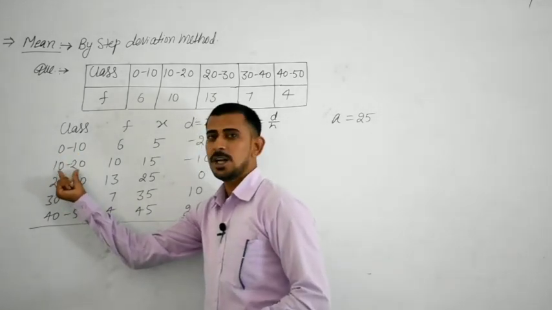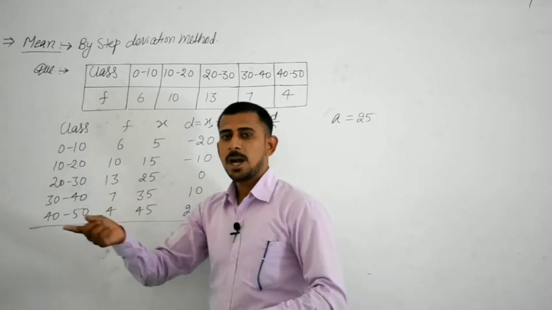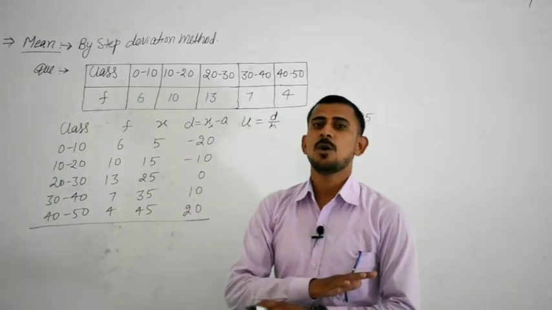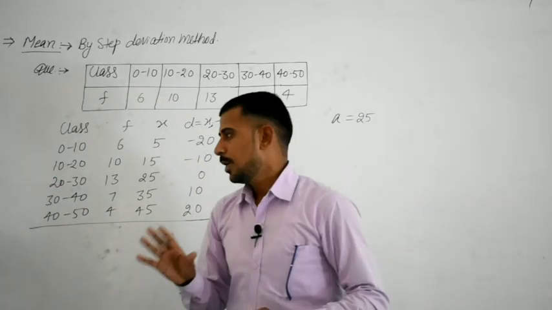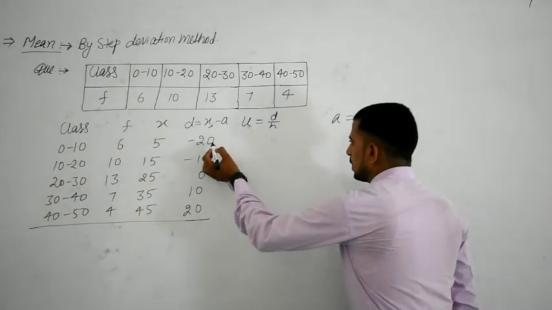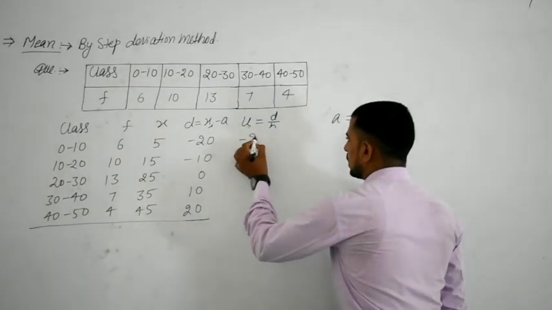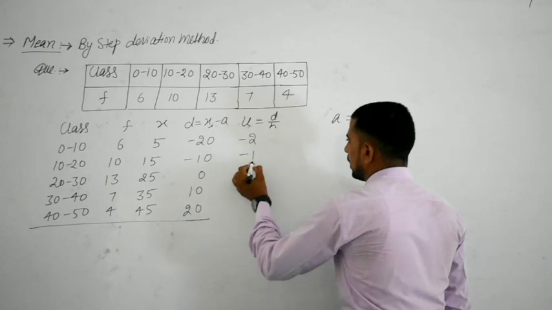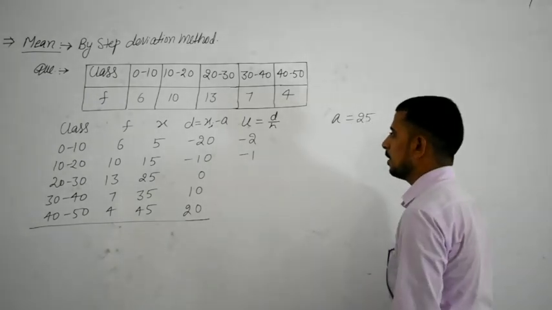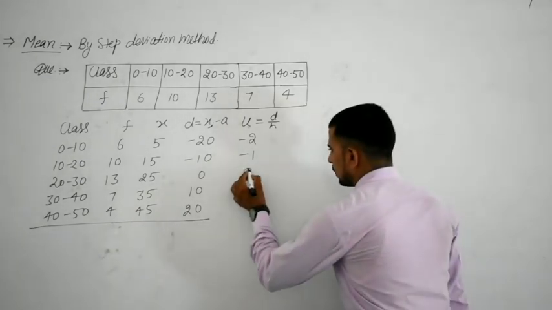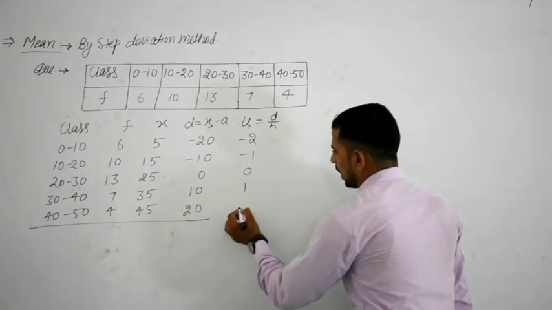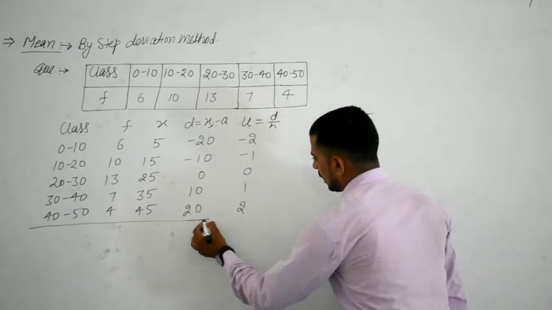The difference between 10 to 20 is 10, and difference is always a positive value. Now minus 20 divided by 10 means minus 2. Minus 10 divided by 10 means minus 1. 0 divided by 10 is 0. 10 divided by 10 is 1 and 20 divided by 10 means 2.